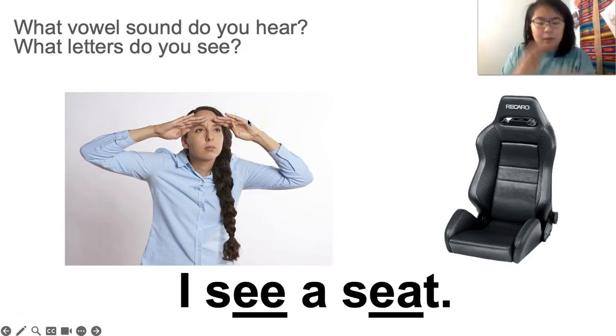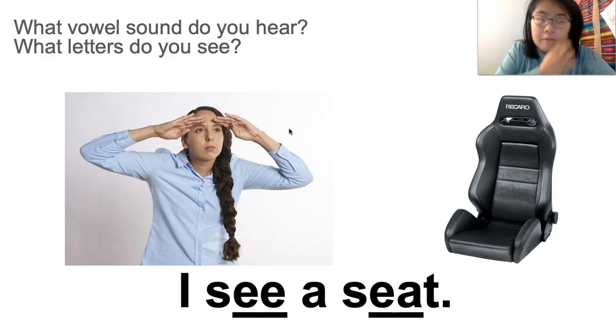So, we're going to read these sentences. I want you to look for the vowels and listen for what vowel sound you hear, right? So what vowel sound do you hear? What letters do you see? And I've underlined them for you so we can focus on solving problems.